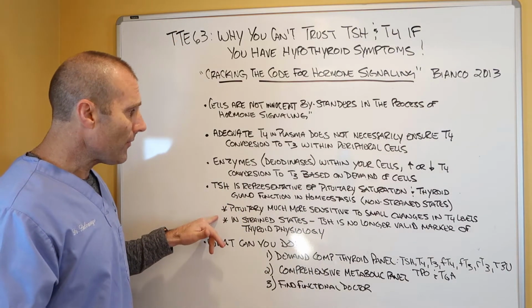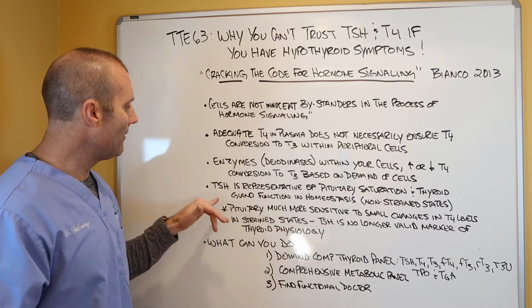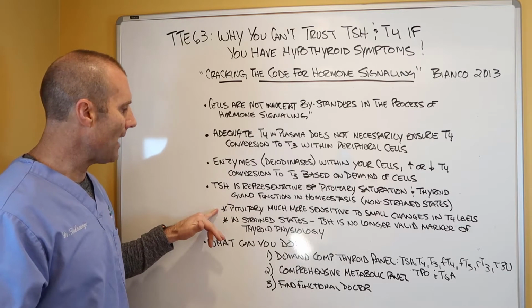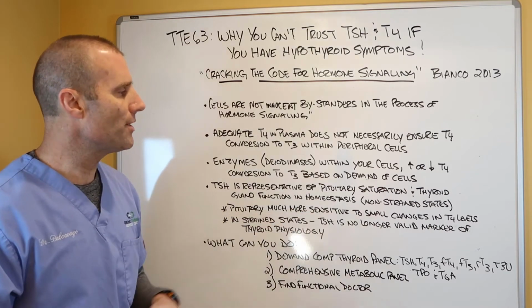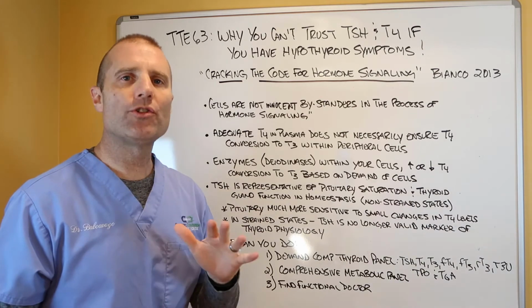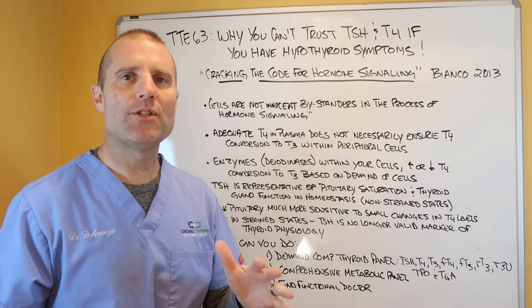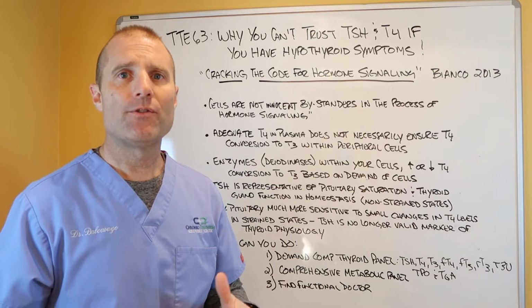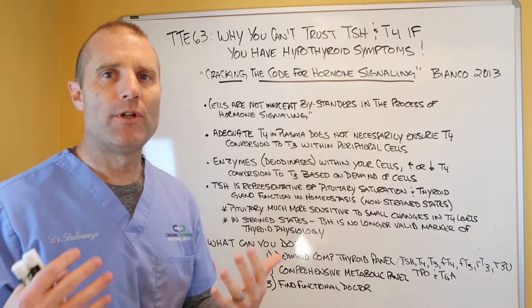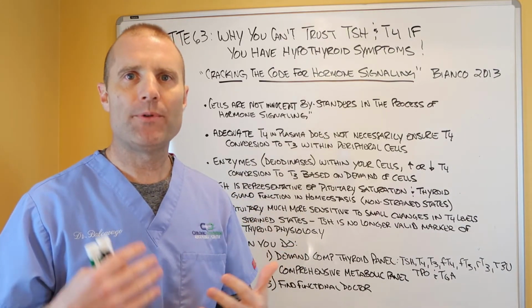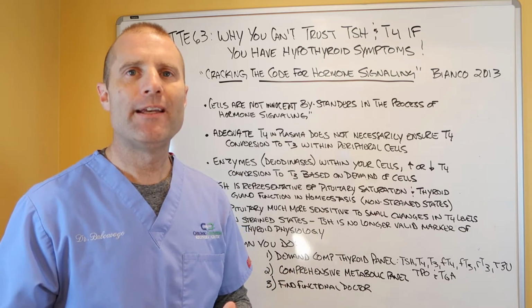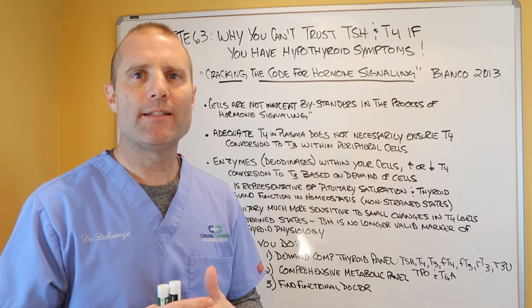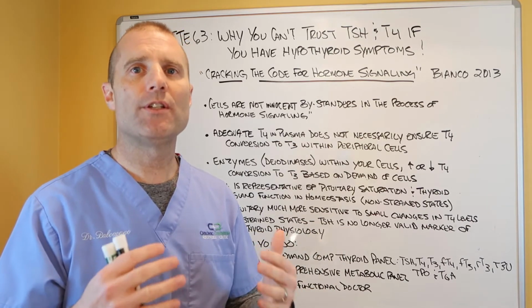Another reason why TSH isn't necessarily valid is that the pituitary gland is much more sensitive to small changes or fluctuations in T4 values. The pituitary and what we call the central thyroid regulatory system, the hypothalamus, the pituitary, the thyroid gland, is much more sensitive to small increases or decreases in T4.